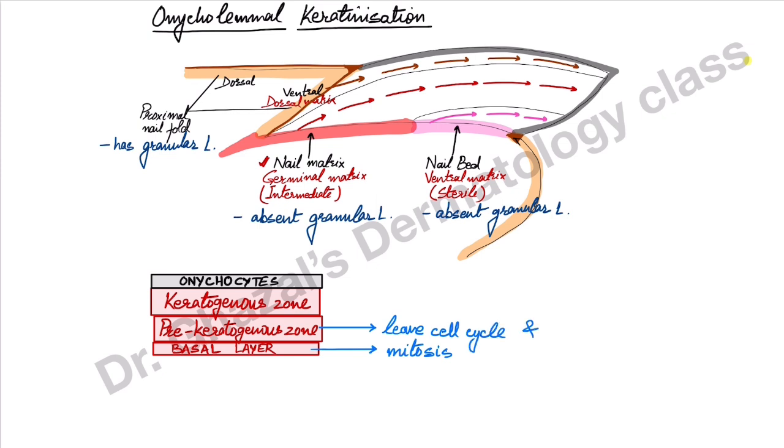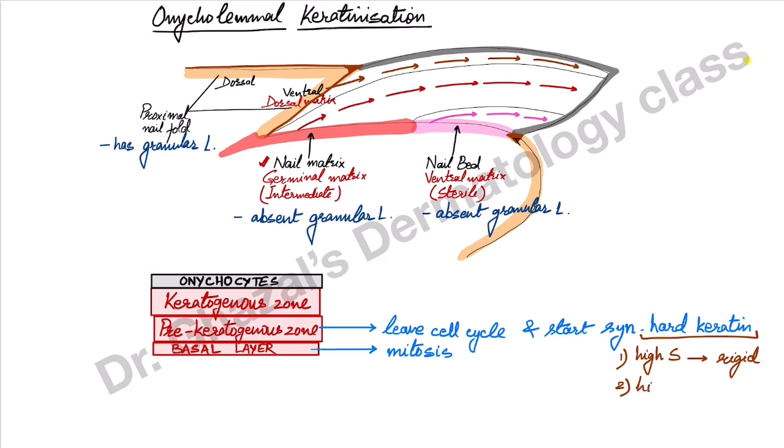They enlarge and start synthesizing keratin intermediate filaments. This keratin is hard keratin which is different in properties from the soft keratin of the skin. So this hard keratin is high in sulfur that gives it the intrinsic rigid property.